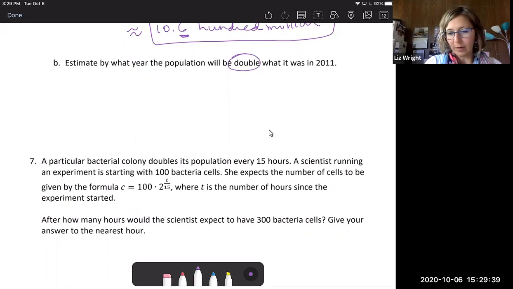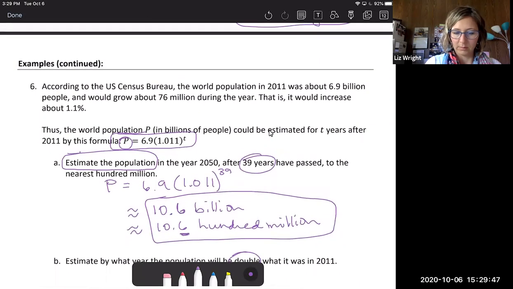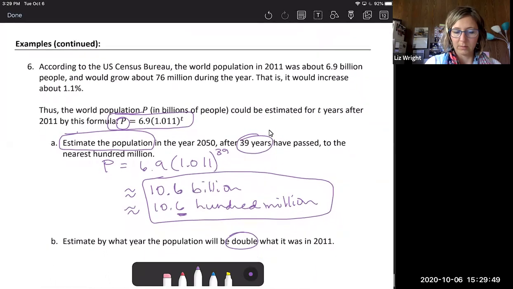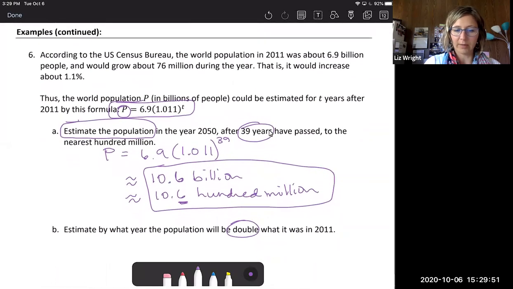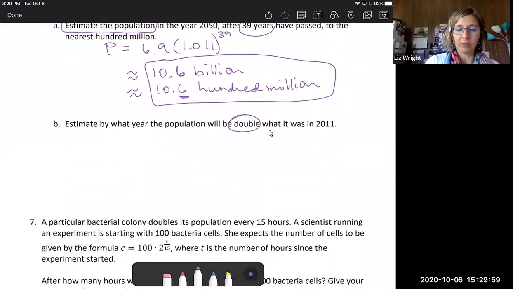And I want you to think about our population in 2011. It's right here. Our population in 2011 was about 6.9 billion.